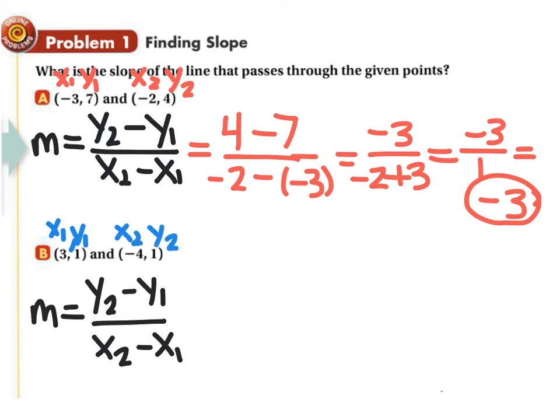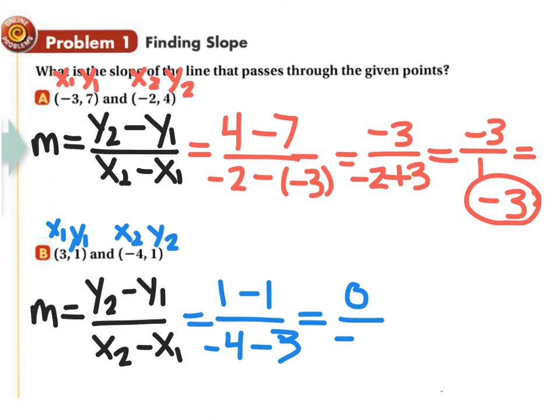Now I'm going to plug it into the formula. So y2 is 1 minus y1 is 1, over x2 is negative 4 minus x1, which is 3. Now if I simplify, 1 minus 1 is 0, negative 4 minus 3 is negative 7, so this becomes 0. So the slope of my line is 0.